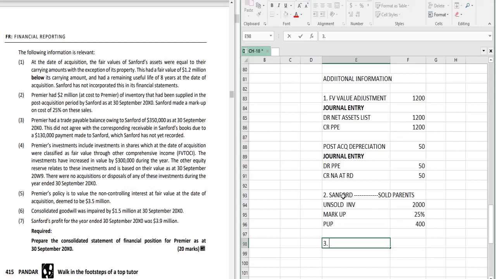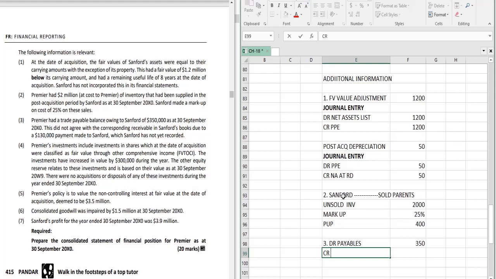So first we will debit payables. The amount is 350, we have taken 000 as common. Then we will credit. Okay, actually Premier had made a payment to Sanford of amount 130, but Sanford had not recorded this amount.